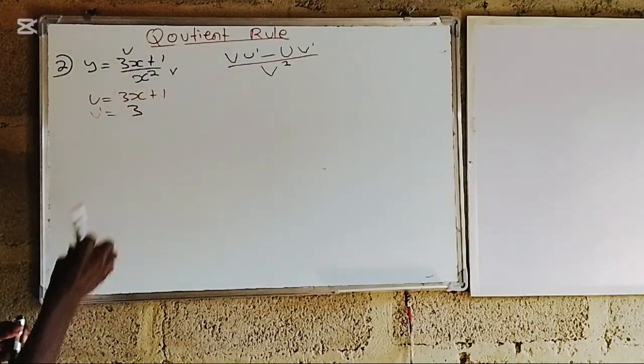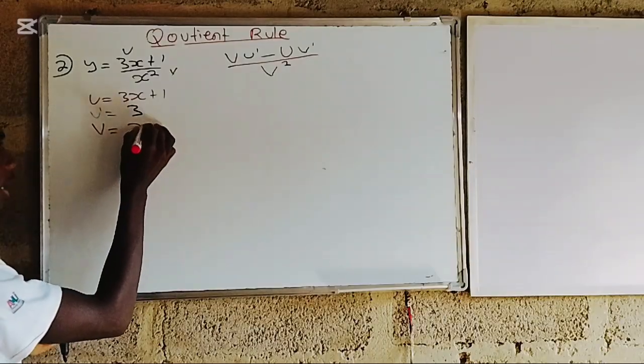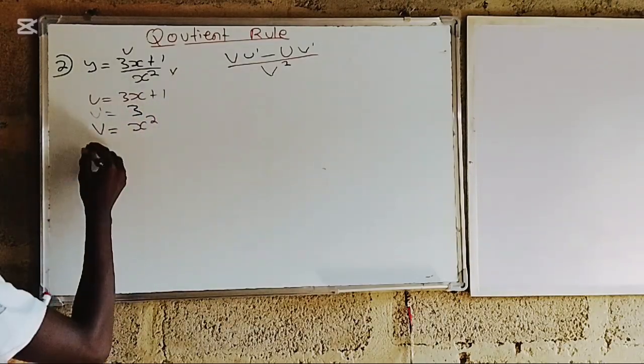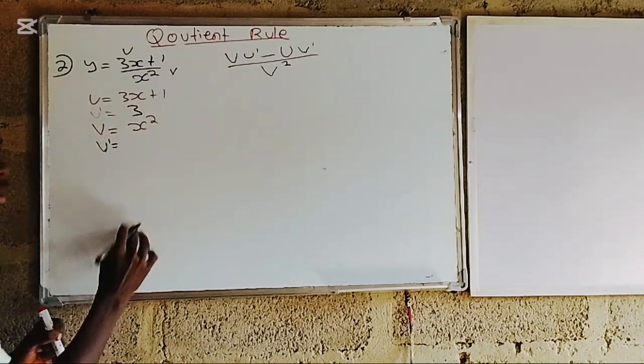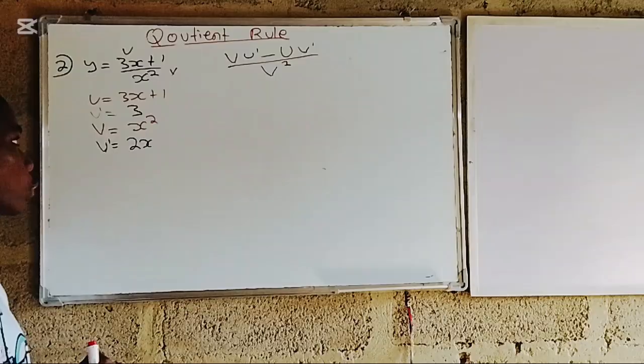The value of V is x squared, and V prime is 2x, because if I differentiate x squared, I get 2x.